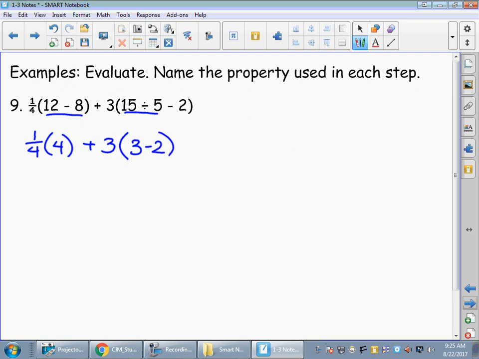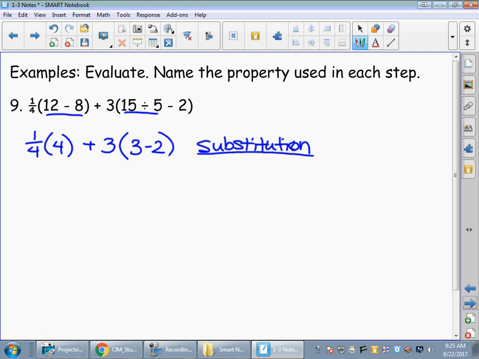And the property that allows me to say that 12 minus 8 is 4, and that 15 divided by 5 is 3, is substitution. I used the substitution property to carry out that math because I just replaced a value. I know it gets tricky because we probably could use substitution over and over again. So if there's something better, use something better.